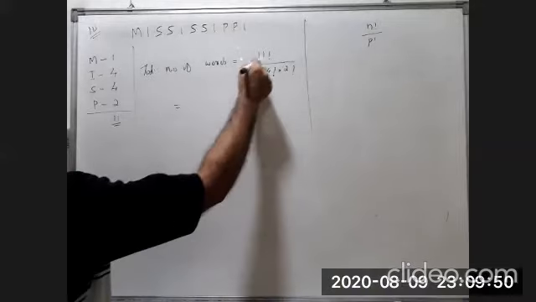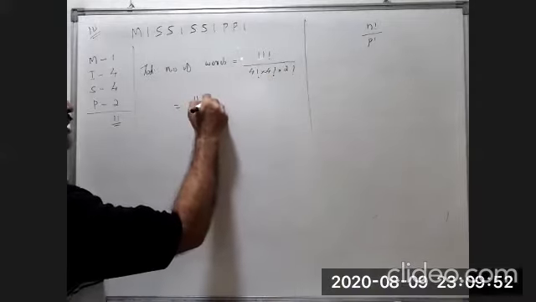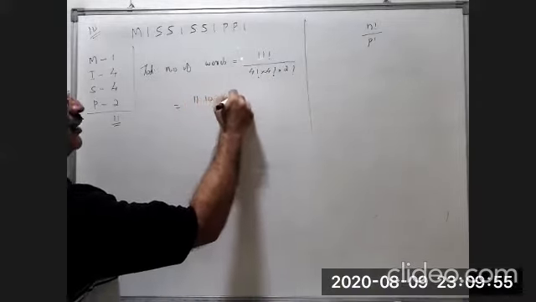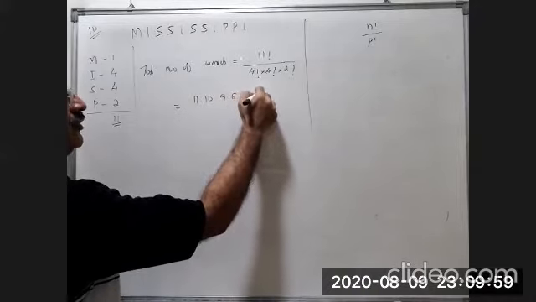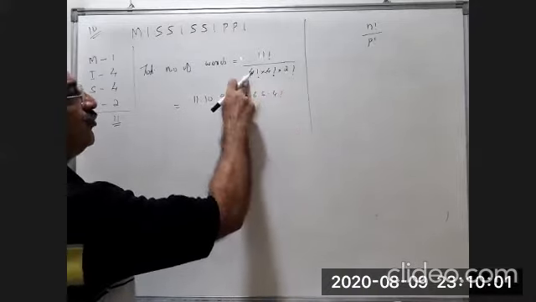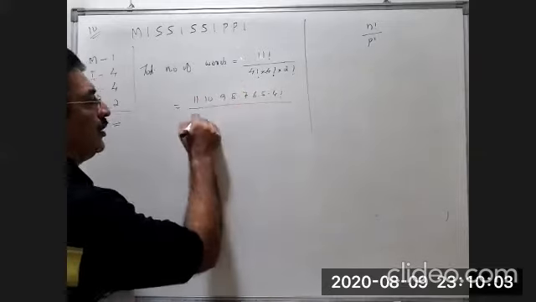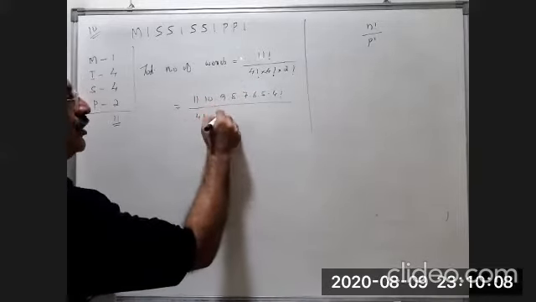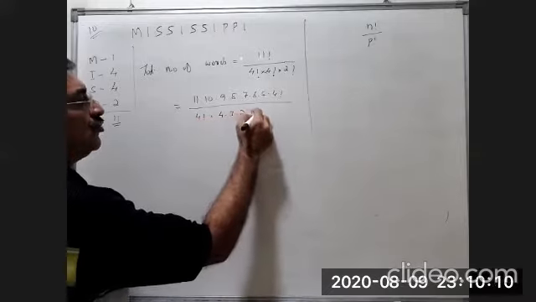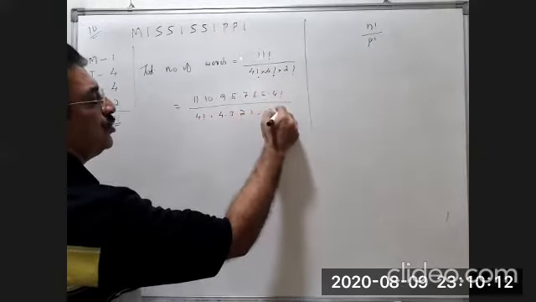Simplify: 11 factorial we can write as 11, 10, 9, 8, 7, 6, 5, 4 factorial. Because 4 factorial is there in both, we can cancel it. The other 4 factorial is 4, 3, 2, 1, and 2 factorial is 2 into 1.